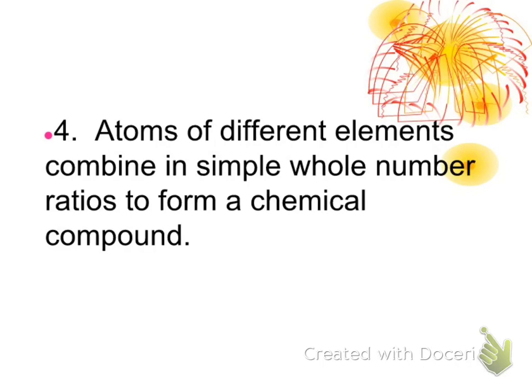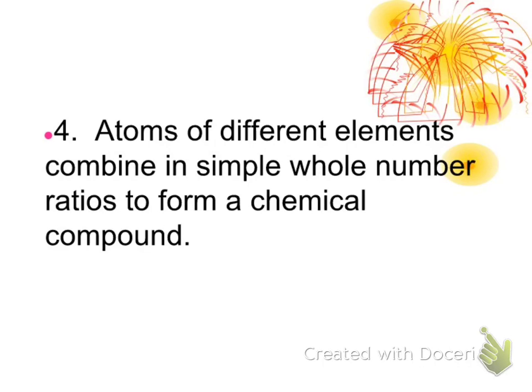And then the last one has to do with chemical reactions. Now we know everything goes through a reaction of some sort from time to time. And when it does, those atoms will separate out. They will rearrange into a different formula and give us a different product.